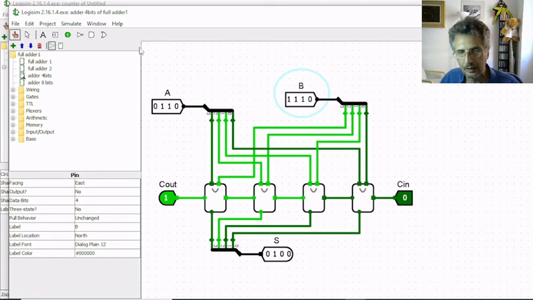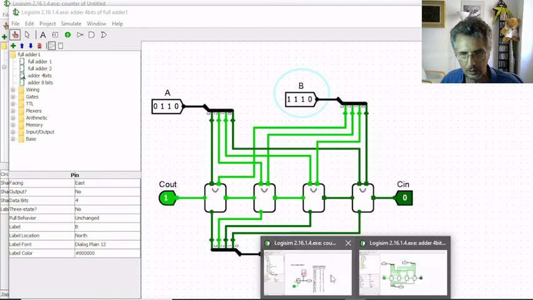Here you have a normal 4-bit adder, which we designed in a previous video, and you can see we can use a normal adder to make subtractions because we only need to represent negative numbers in 2's complement notation, and the circuit works in the same way.